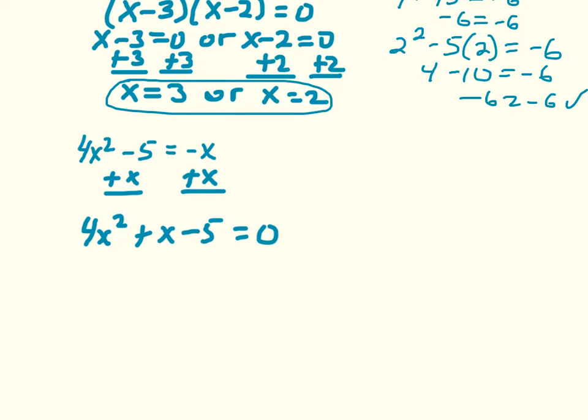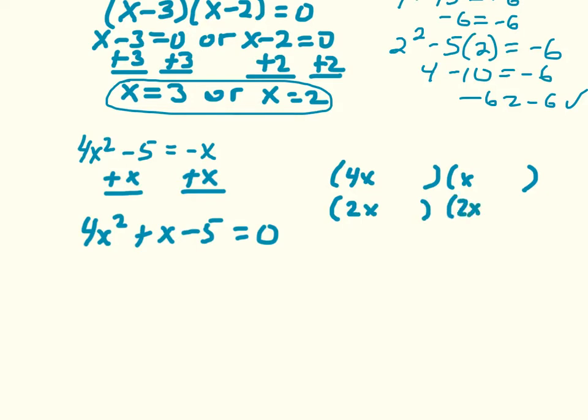So I've got some possibility, a little harder one to factor here. So I just got to play around with this a bit. I could have combinations with 4x and x, or 2x and 2x.